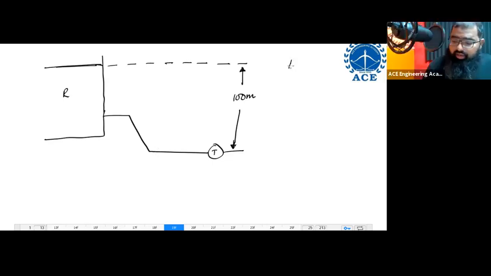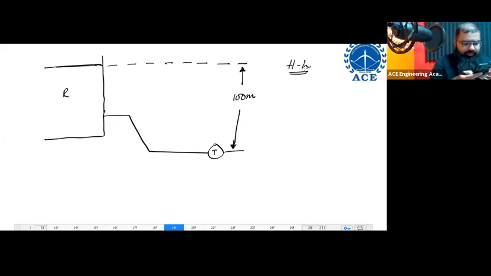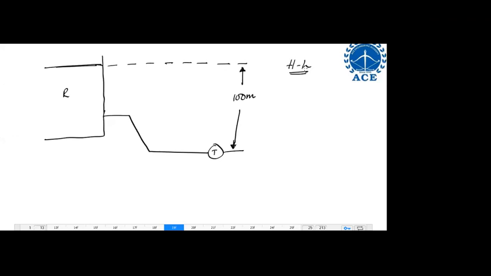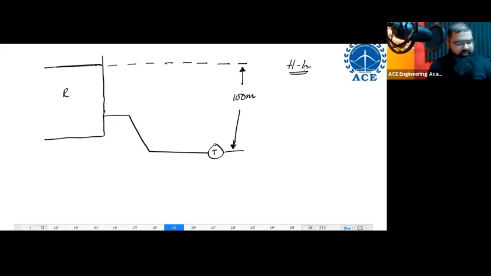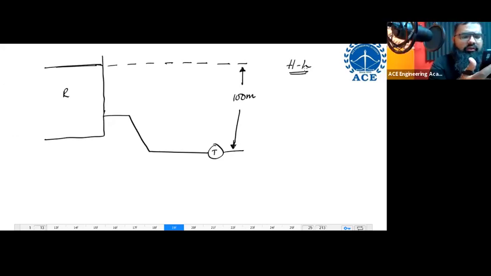No, he is asking me the net head available for a turbine. Okay, net head is asking. Okay, fine. So that net head is capital H minus small h, sir. Okay. Efficiency is not given, you're saying. Yes, sir, so that's why I'm not able to approve that efficiency. If he has given you, one second.